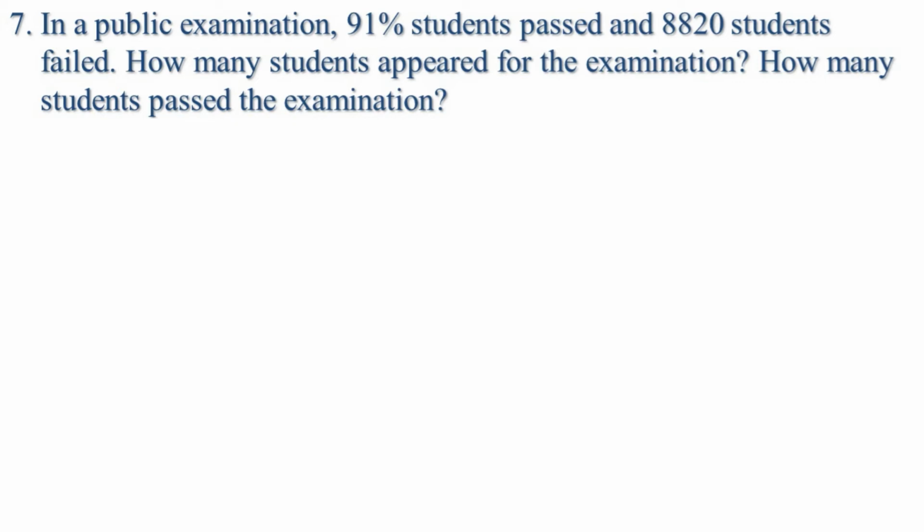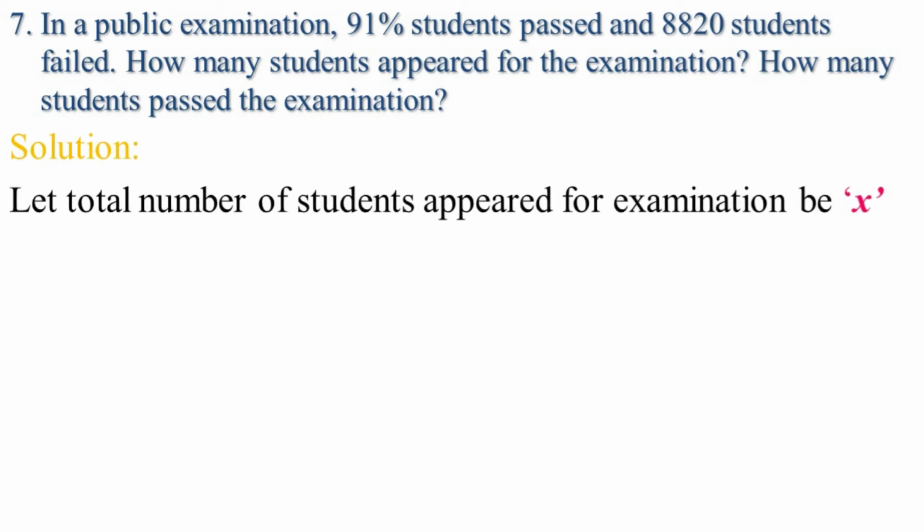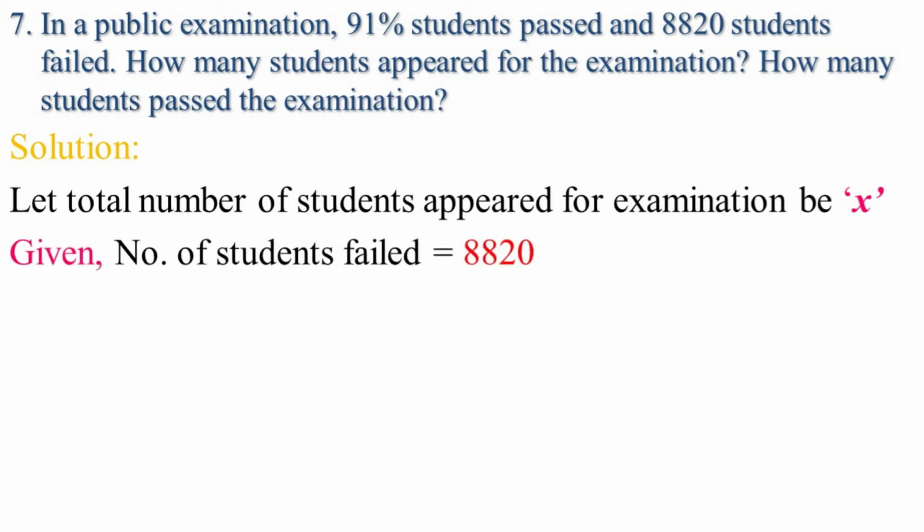We have to find the total number of students appeared for the examination and also the number of students passed the examination. Let us find. Let the total number of students appeared for the examination be X. And they have given that 91% students passed. And the number of students failed is equal to 8,820.